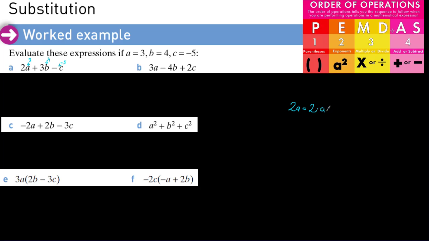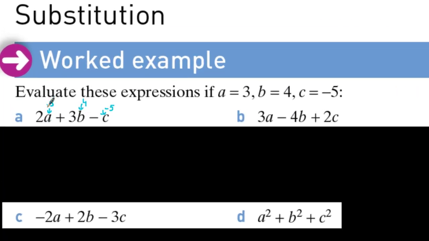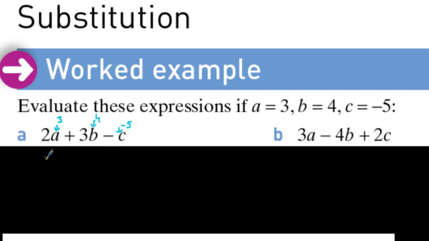So I substitute the 3 here, and say 2 times 3 plus 3b, which means 3 times 4. And we have to be careful always about the negative signs. We should always put negative signs in parentheses. It is better not to make mistakes.